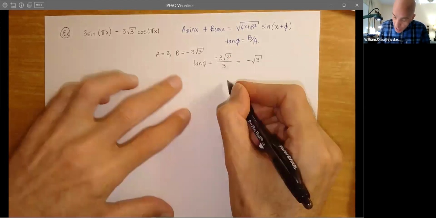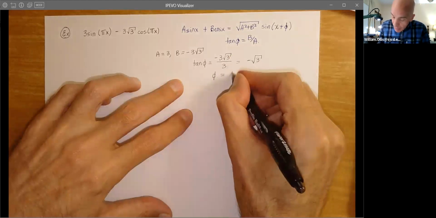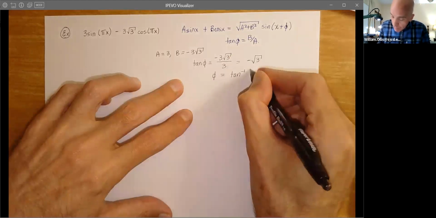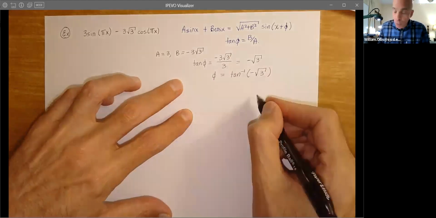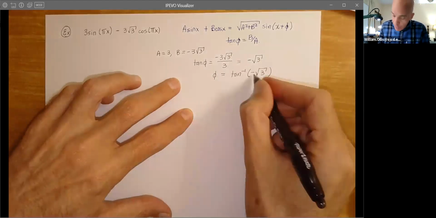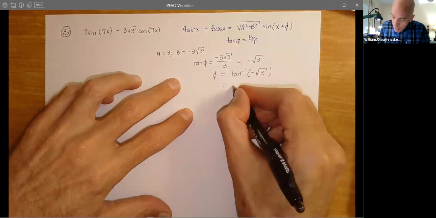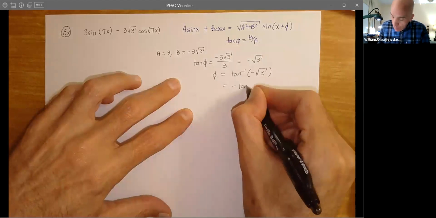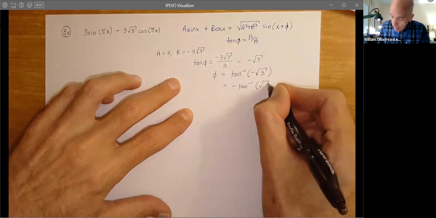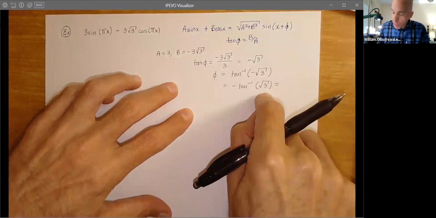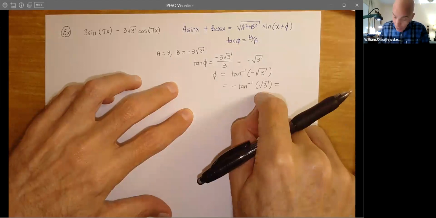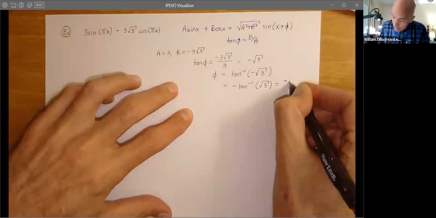This will allow us to solve for phi. So we get inverse tangent of the negative of radical 3. But of course, this is an odd function, so we get the negative of inverse tangent of root 3. And of course, that's where the sine is root 3 over 2. So that's going to be negative pi over 3.